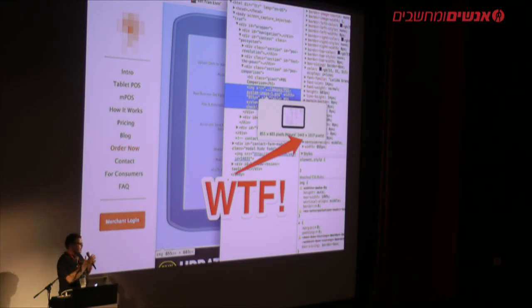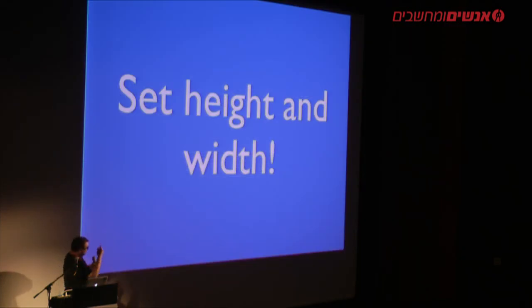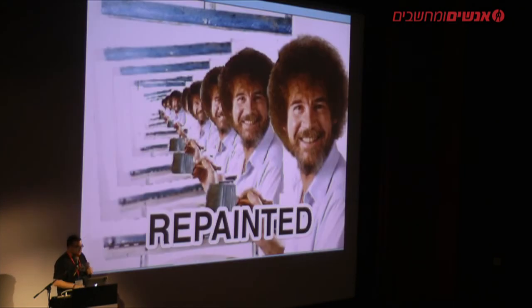You will load a big image where you could load a small image, and second, if you don't set the height and the width of the image, the whole HTML is going to be repainted once the image is loaded. So basically, avoid bad images.